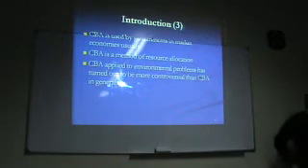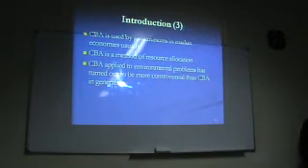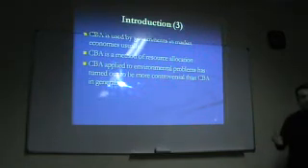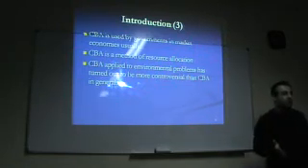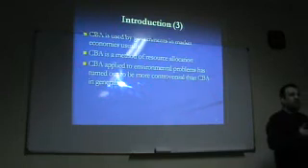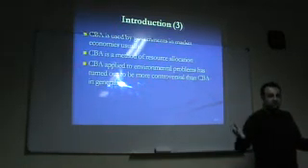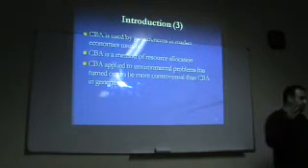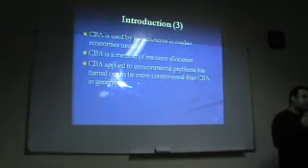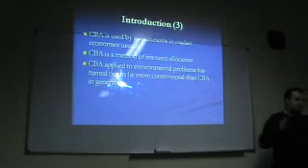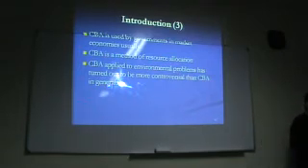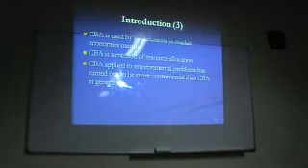CBA applied to environmental problems has turned out to be more controversial than CBA in general. CBA can be applied to environmental problems as well as other things. However, in this chapter we are concentrating on CBA applied to environmental problems and projects.